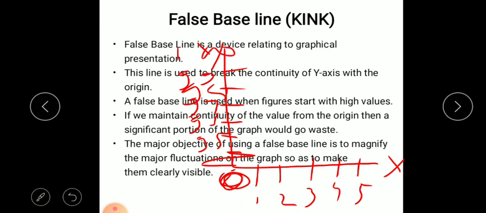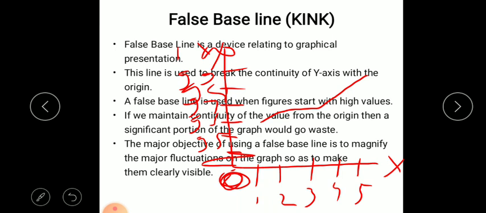Then you can very easily see this: 96, 97, 97, 98, 99. You can see very easily what is the difference or what are the changes that are happening.